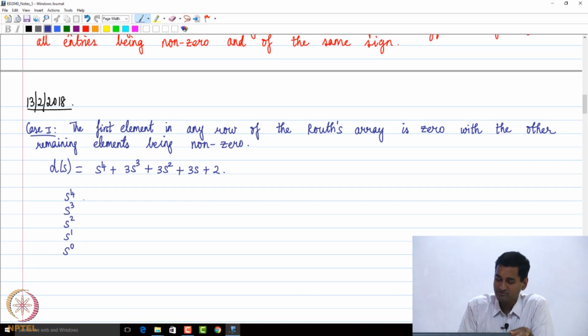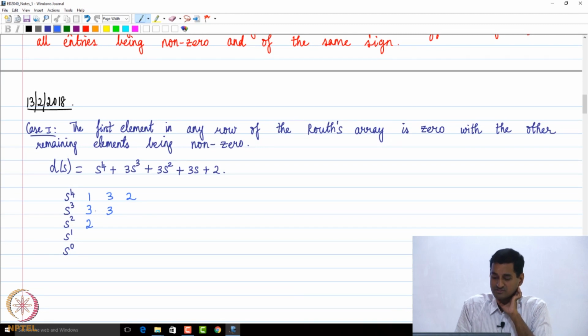We write s power 4, s power 3, s squared, s power 1 and s power 0, and we start filling in the values. The entries are going to be 1, 3, 3, 3 and 2. What's going to come in the s squared row? Minus 2: 3 times 3 is 9, 9 minus 3 is 6, 6 divided by 3 is 2.